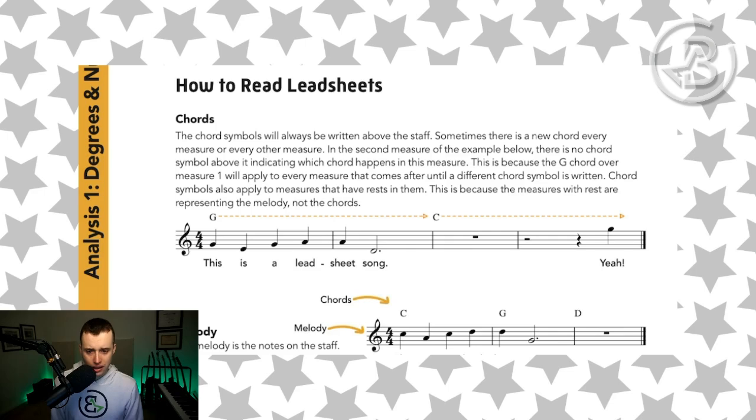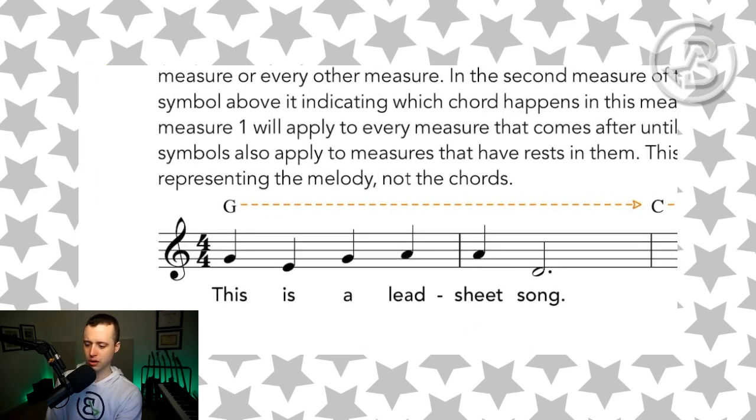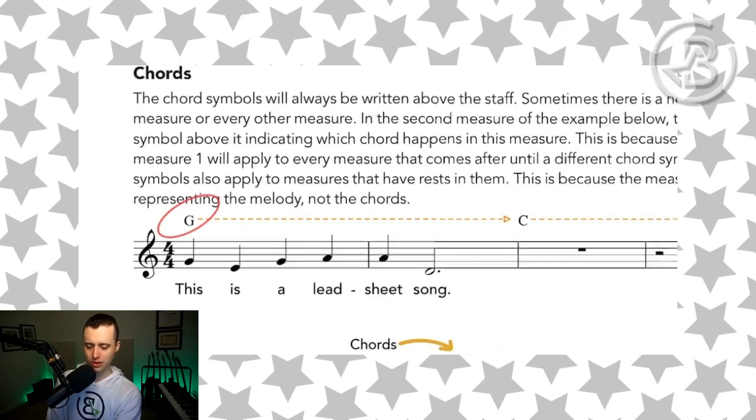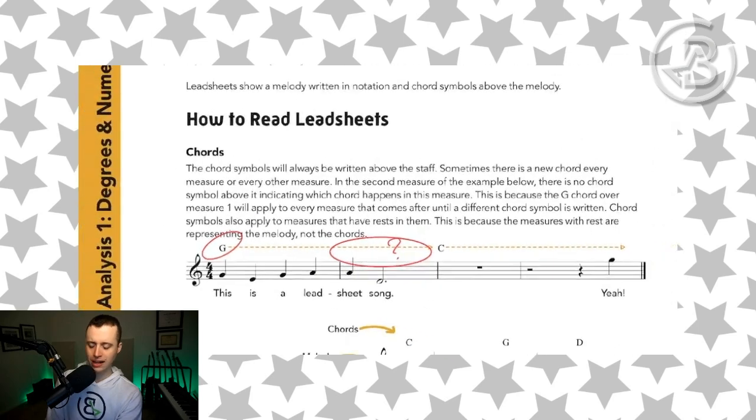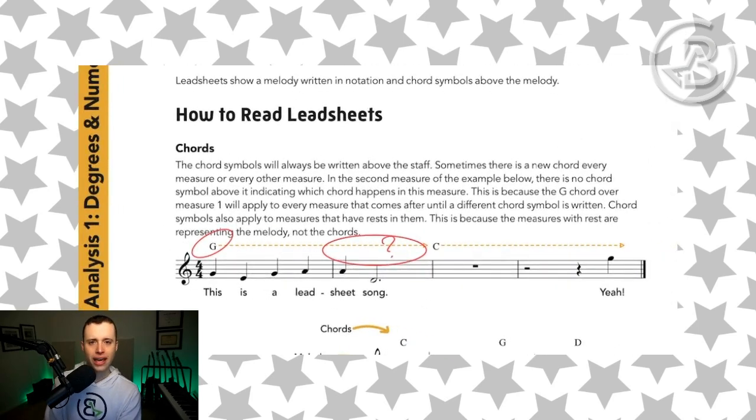If we look at the example on this page here, you can see that in the second measure, there is no chord symbol. So we have a chord symbol here in the first measure. That's our G, but you can see in the second measure, where's the chord symbol? There is no chord symbol, but that's okay because the way chords work in lead sheets is whenever we have a chord written above a measure, that chord is going to last until we get to the next chord.